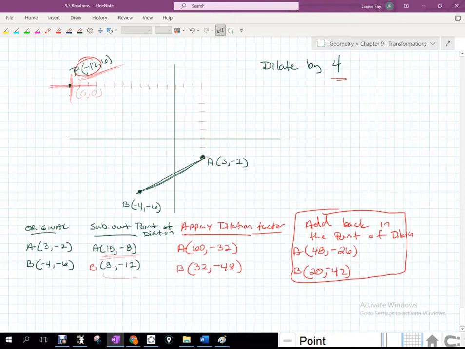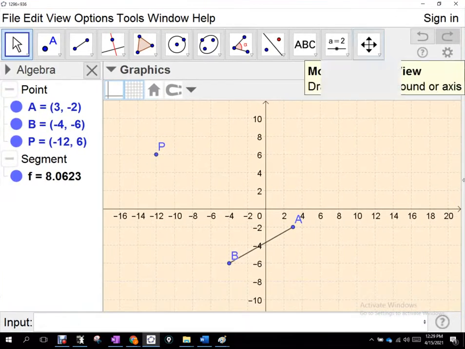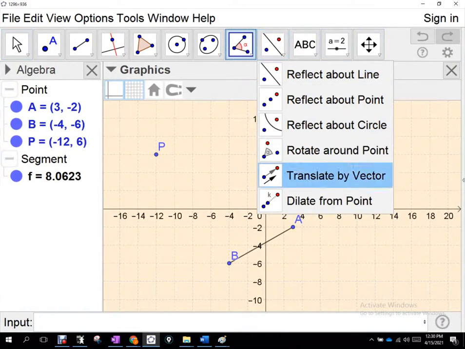So our dilation factor was 4. So I just took these ordered pairs and multiplied them by 4. These ordered pairs are now based off of this being 0, 0. So then you can apply the dilation factor to those. Once we have this, all I'm going to do is say I want this to dilate.